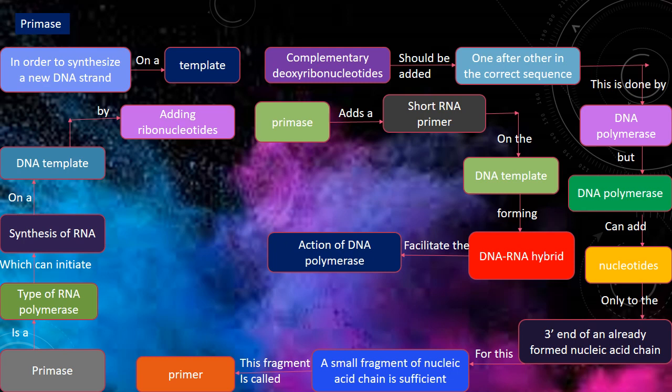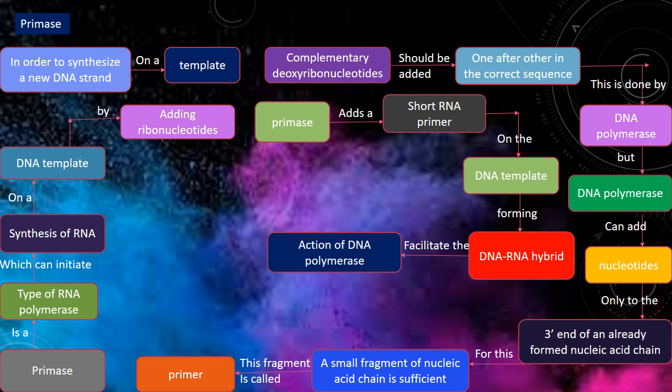Primase. In order to synthesize a new DNA strand on a template, complementary deoxyribonucleotides should be added one after the other in the correct sequence. This is done by DNA polymerase.